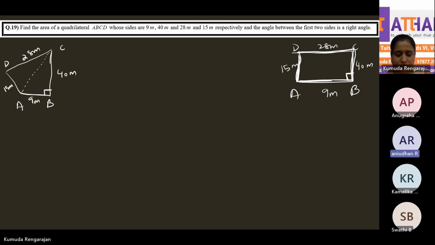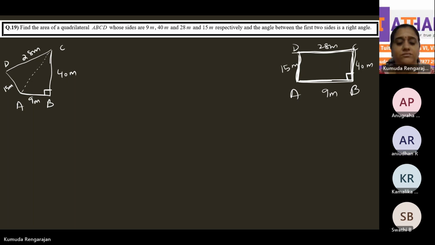The pictures have been sent, ma'am. Anirudhan, how did you find the square root of 1681? I just want to check if you know the method to find it or you already know the value. I already know the value, ma'am.